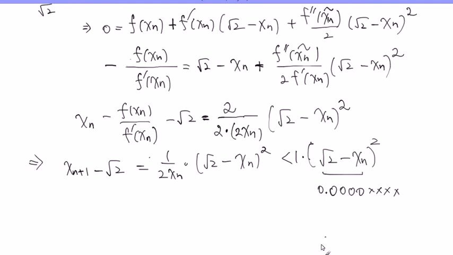What happens if you square it? 10 to the negative 8. So if you square that whole thing, you're going to get 0.0000 and 0.0000. This number is going to be this small, and that number is even smaller than that. Therefore, this number must have at least 8 digits correct. And if we started this one again, then 8 digits, the next one is 16 digits.